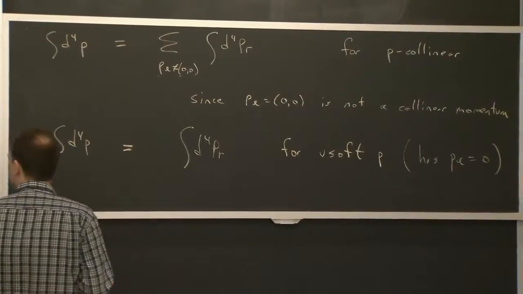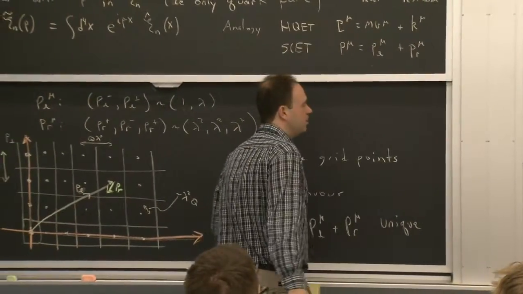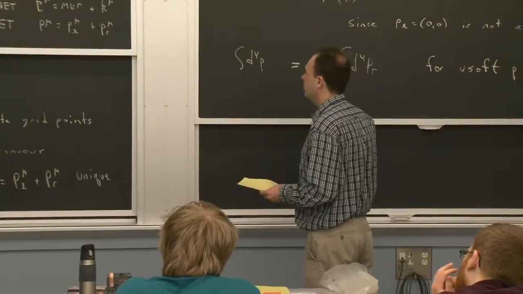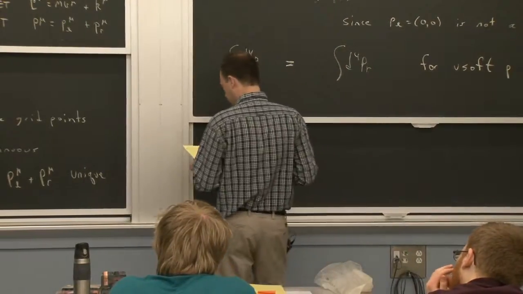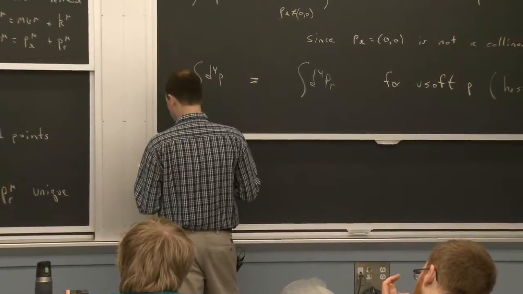What am I going to do with my fields? Well, because of this split into two different pieces, I'm going to say that my fields can be labeled by PL and carry PR also as an index or be a function of PR.